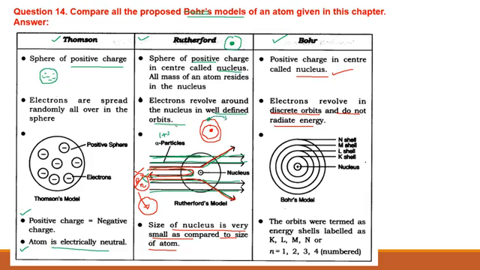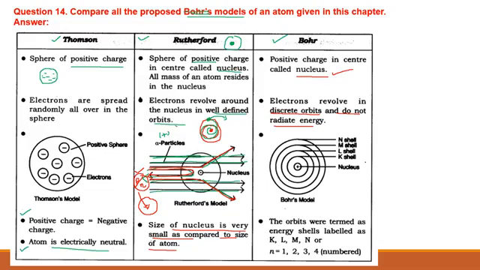But when something radiates energy while revolving, the electron will be left with no energy, and finally it will fuse with the nucleus. So this was the drawback.